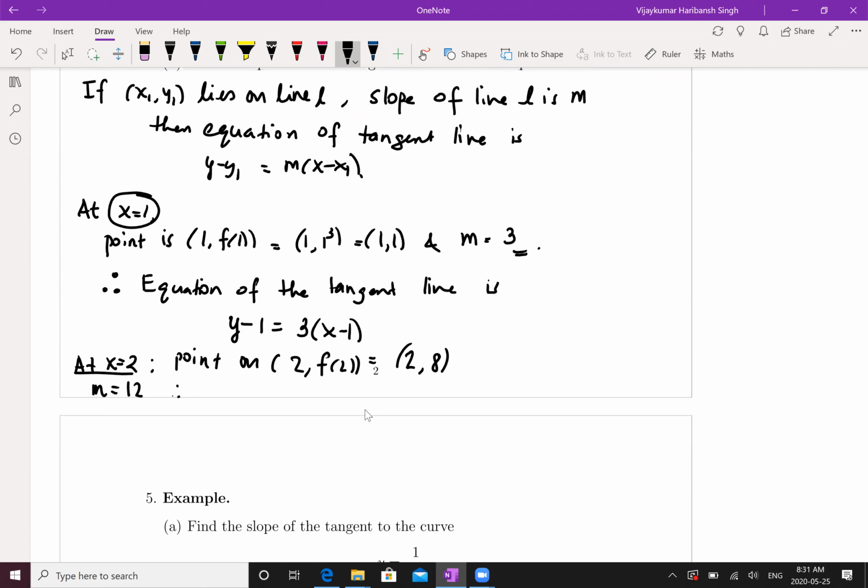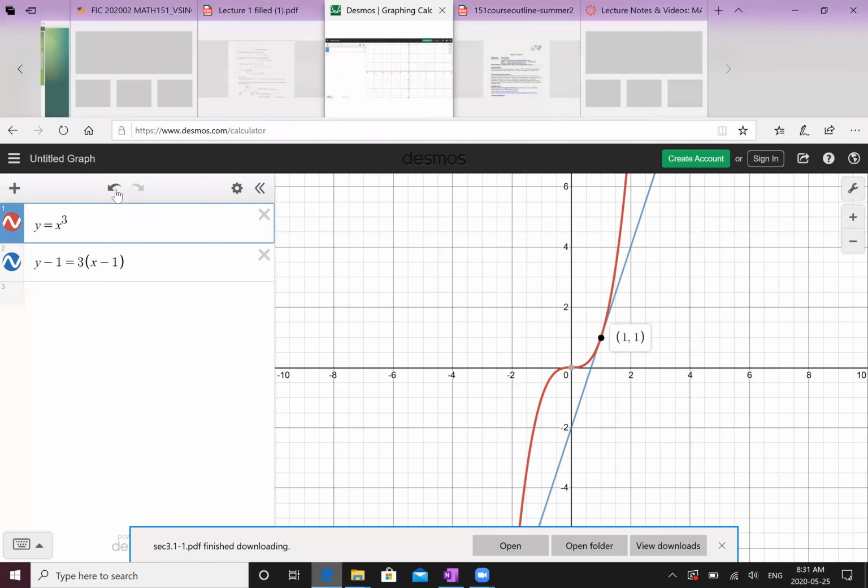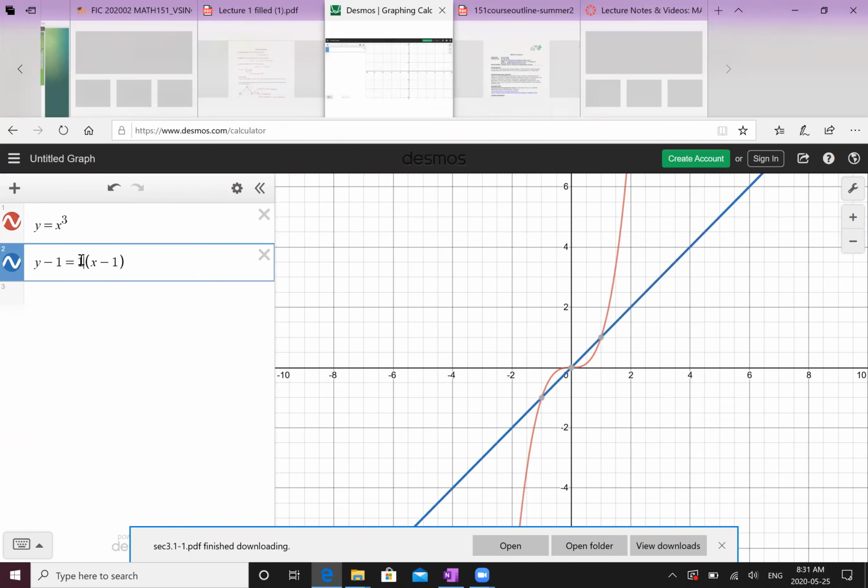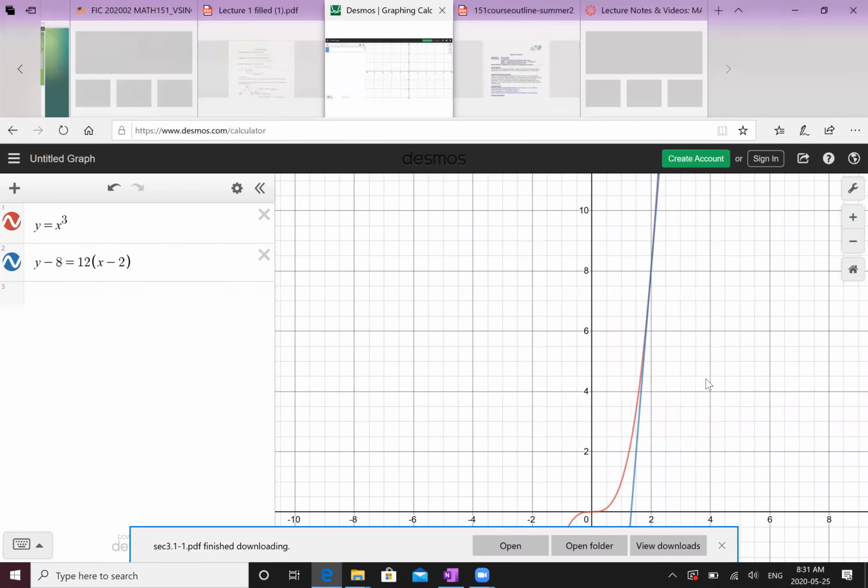Therefore, the equation of the line is y minus 8 equals slope times (x minus 2). And again, you can see this from the graph: y minus 8 equals 12 times (x minus 2), and here it's tangent at this point.